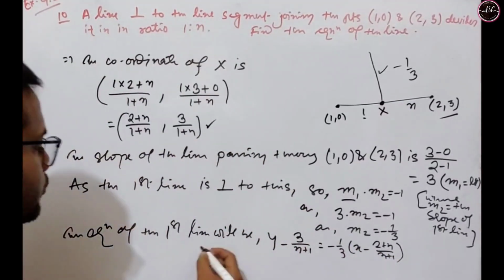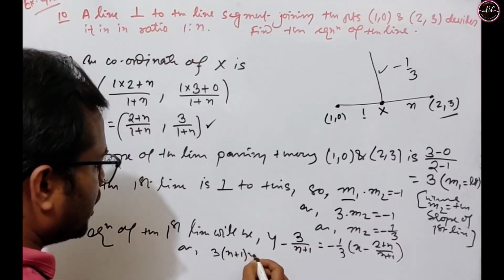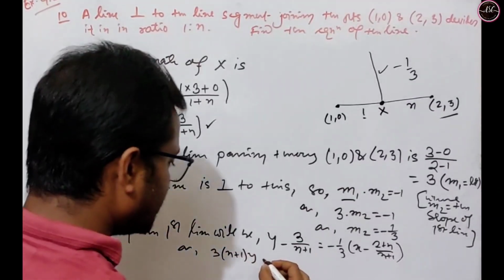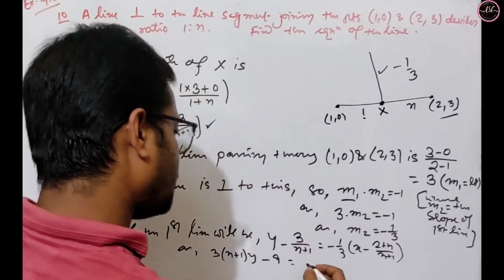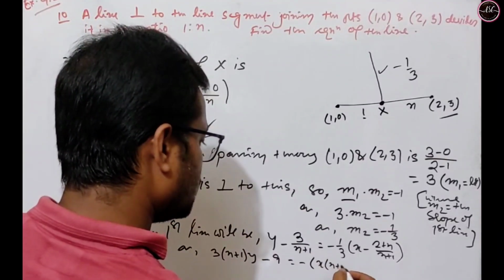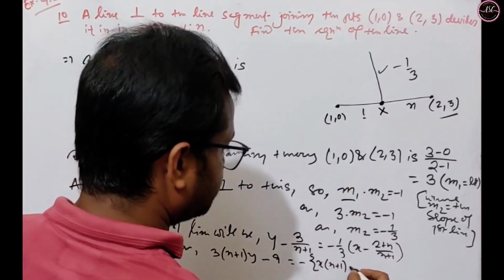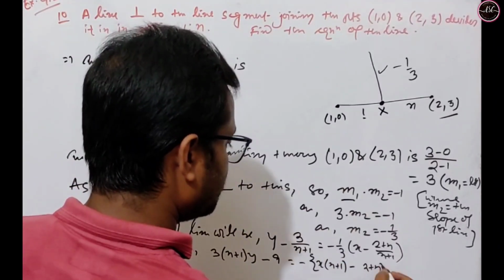So 3 into (n plus 1) into y, minus 9 equal to minus of x into (n plus 1), minus (2 plus n).